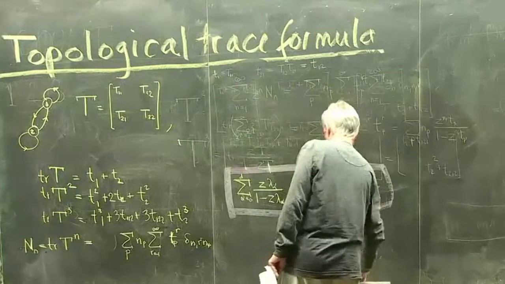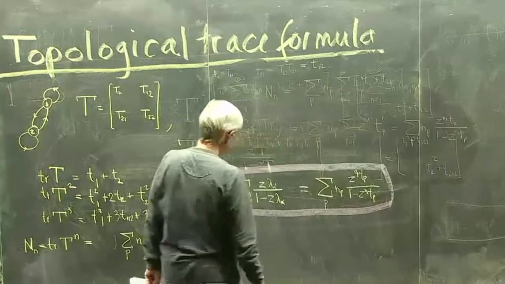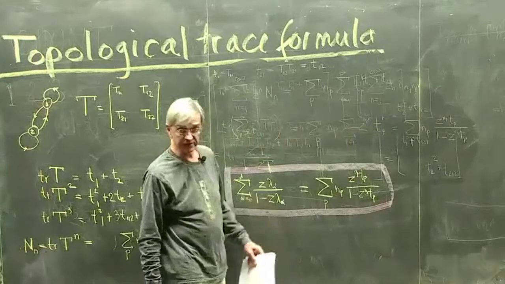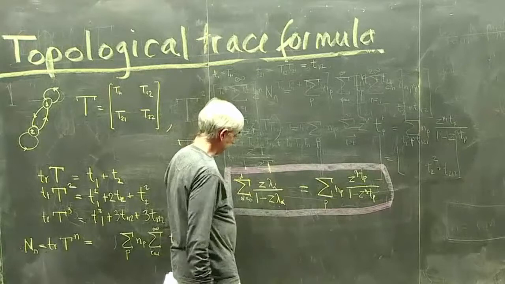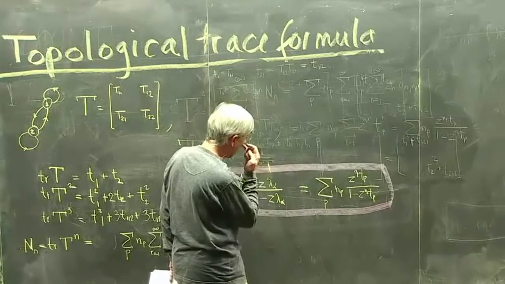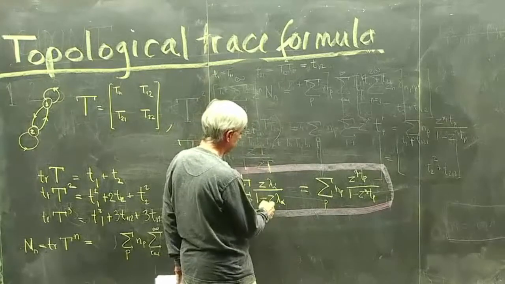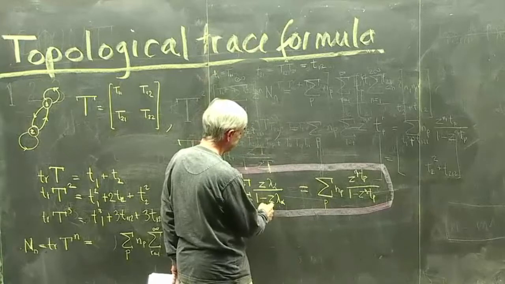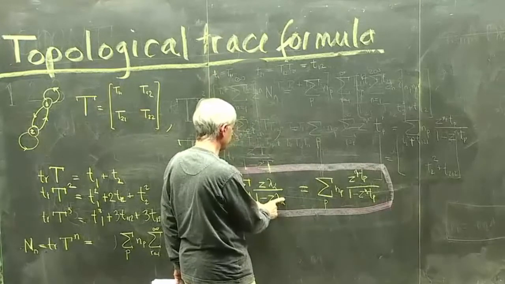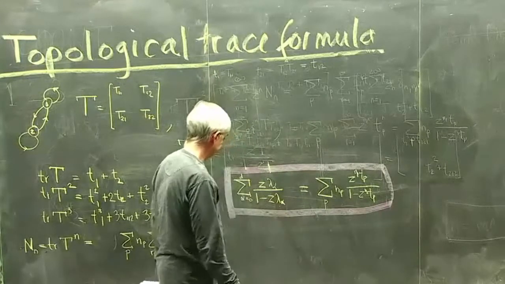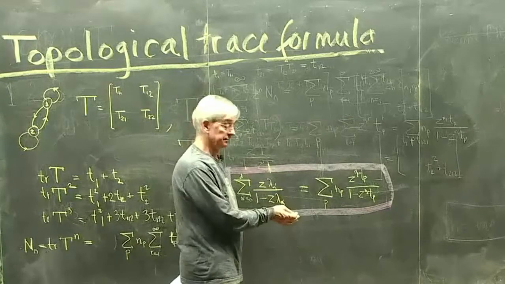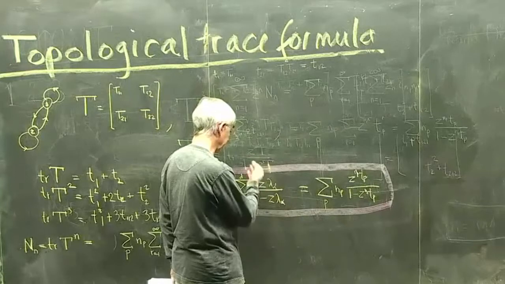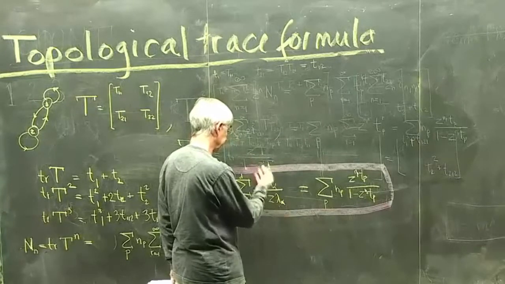Is this convergent? Well, the matrix is some sensible matrix filled with zeros and ones, so it has some sensible eigenvalues. And as long as z is sufficiently small, there is no divergence here. And it is a finite matrix, so this is a finite sum.